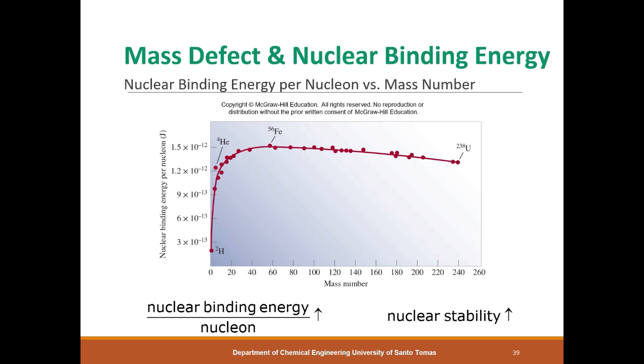The highest binding energies per nucleon belong to elements with intermediate mass numbers between 40 and 100, and are greatest for elements in the iron, cobalt, and nickel region, or the group 8B elements of the periodic table. This means that the net attractive forces among the particles, protons and neutrons, are greatest for the nuclei of these elements.